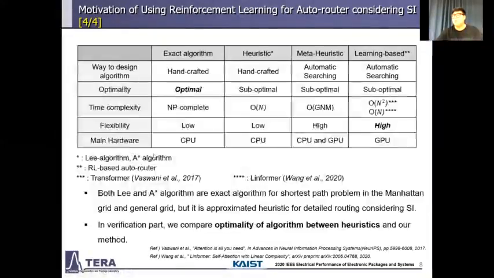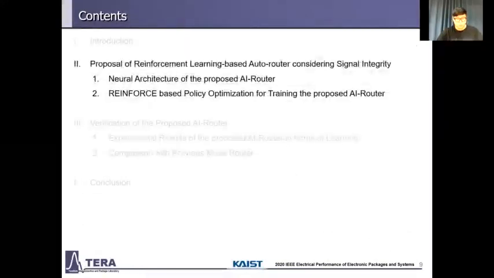But if some problem setting is changed, from a heuristic point of view, the heuristic has to be redesigned entirely. So it has low flexibility. So this is a merit of learning-based model. It is improvable. It is flexible. So this is why we designed learning-based model. Therefore, we propose reinforcement learning-based auto-router considering signal integrity, and we call it AI router.